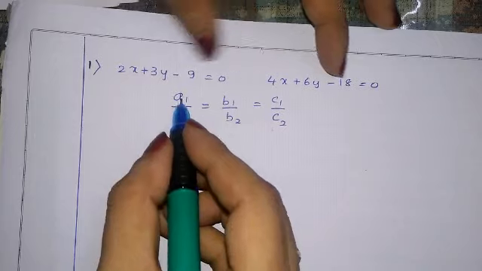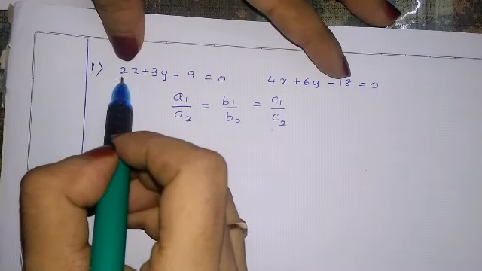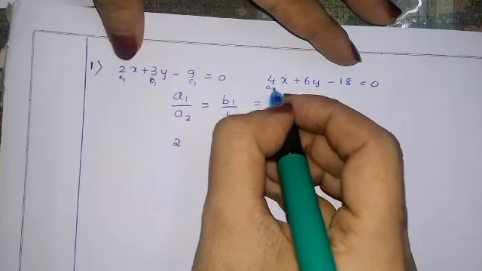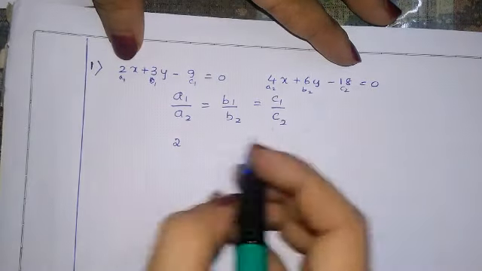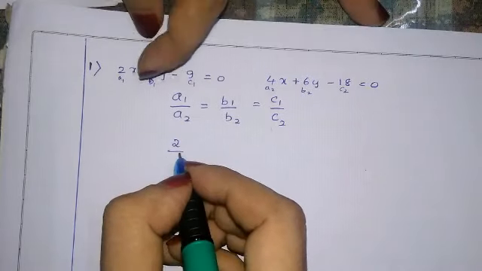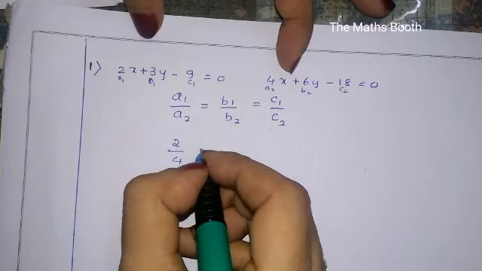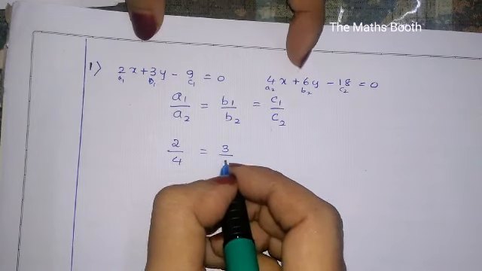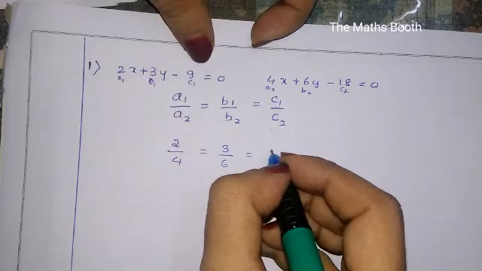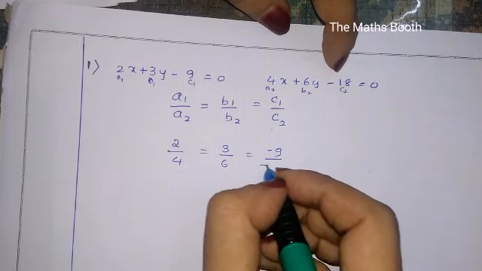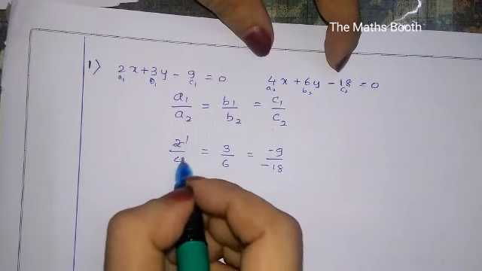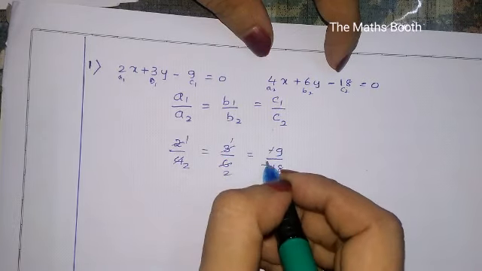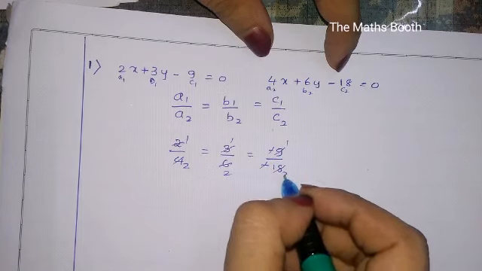We should know that this is a1, b1, c1, and this is a2, b2, c2. a1 is 2 upon a2 is 4, equal to b1 3 upon b2 6, and c1 minus 9 upon c2 minus 18. So 2 ones are 2, 2 twos are 4, 3 ones are 3, 3 twos are 6. Minus minus get cancelled, 9 ones are 9, 9 twos are 18.